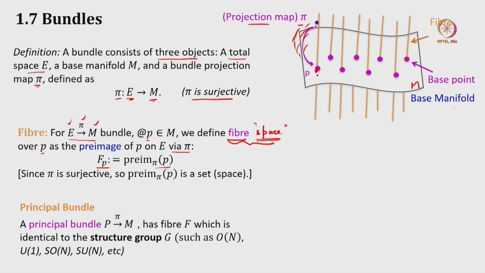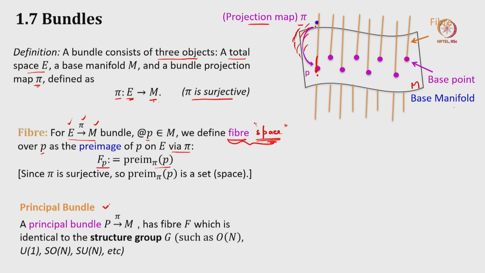For our purpose it will be the Hilbert space. That is what I wanted to emphasize again and again, that it is not just a point. For us it will be the wave function, and the wave function lives on a Hilbert space.